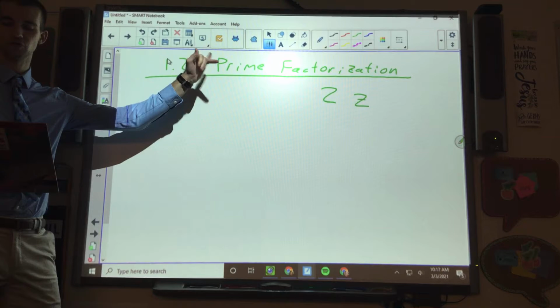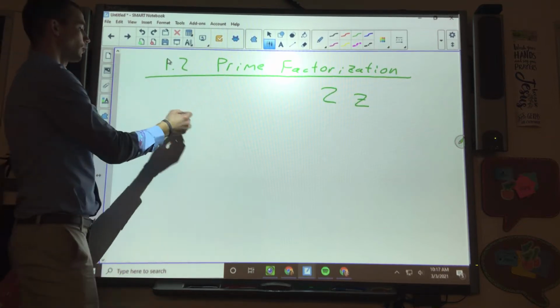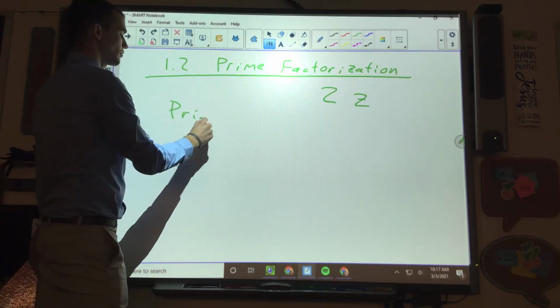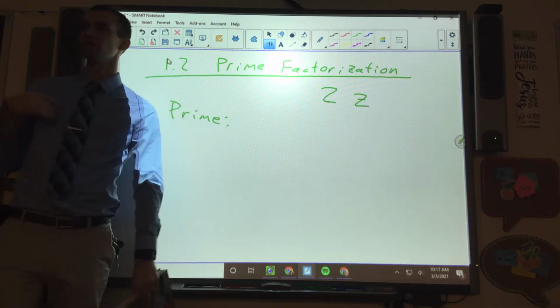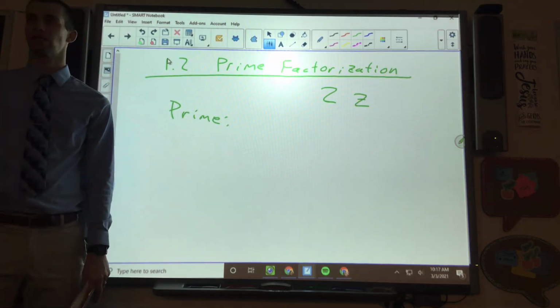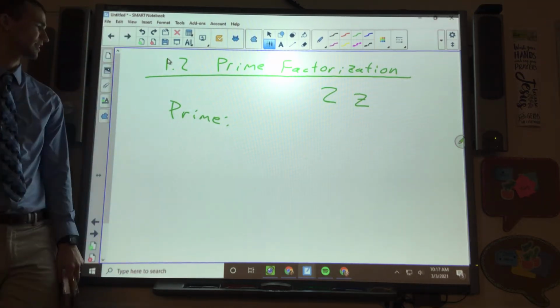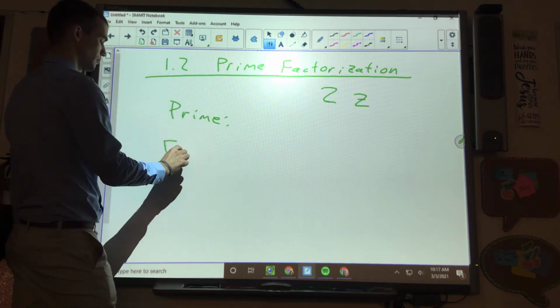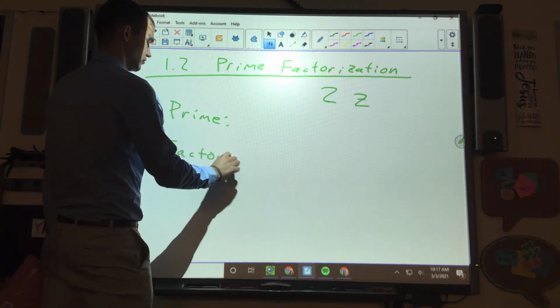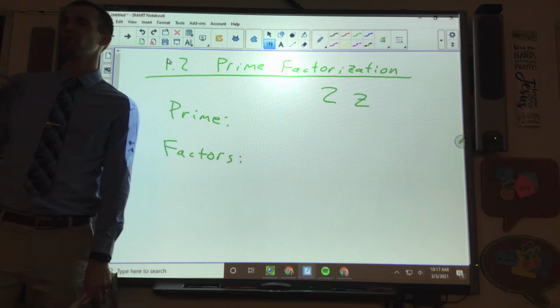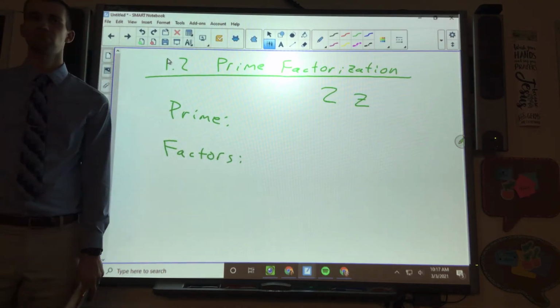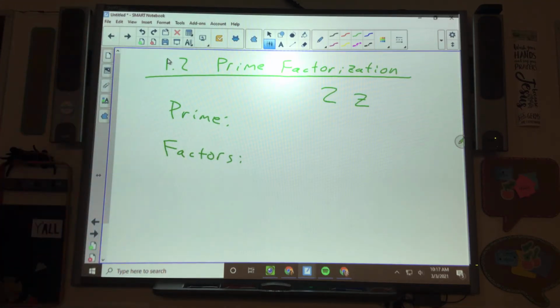Okay, 1.2 prime factorization. So, what does prime mean? If a number is prime, what does that mean? Actually, let's start off with factors. What are factors of a number? What does that mean? Like what can go into a number?